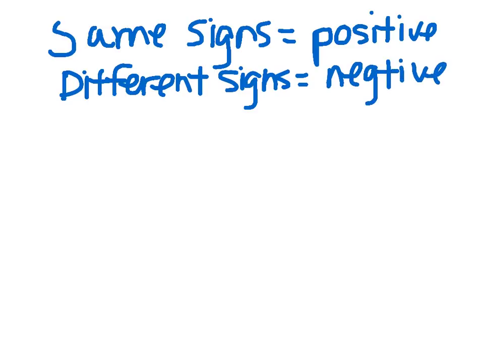Now, one of the things you should keep in mind is that almost always in algebra, we use the fraction bar to represent division. So if you see a problem like this, it's really the same thing. It's just negative 18 divided by 3. Since 18 divided by 3 is 6, and we have different signs, the answer is negative. Or you could also count the negative signs: an odd number gives a negative and an even number gives a positive.